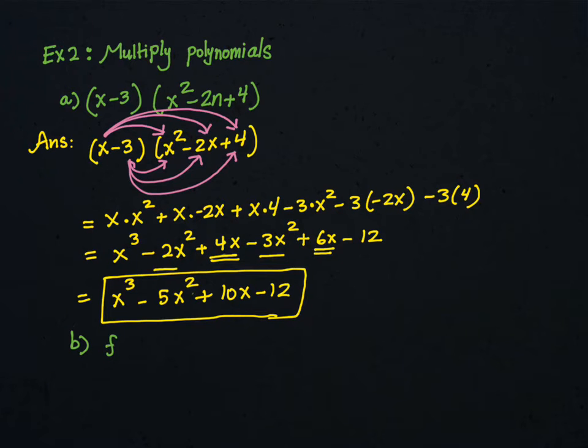Another example here. f plus 1, f squared plus 4f plus 8. Again, same thing, arrows.